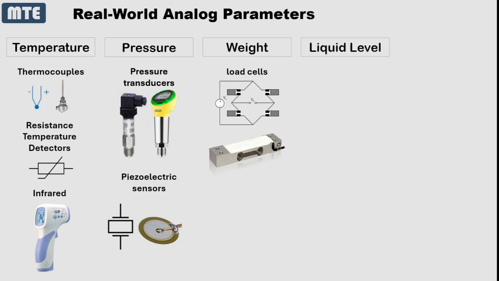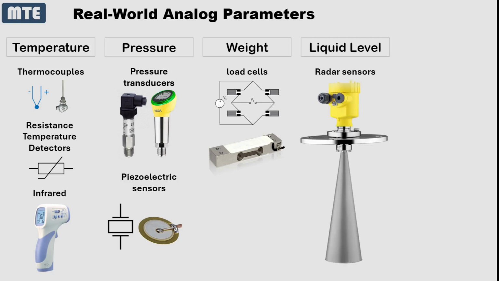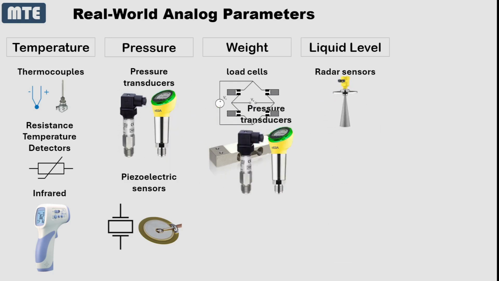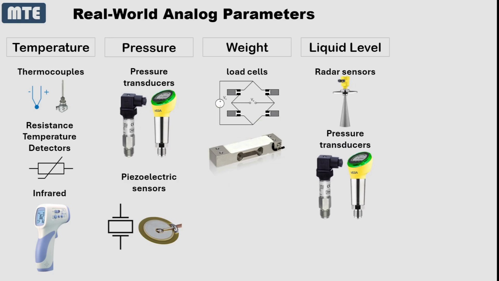Liquid levels can be measured using radar sensors, pressure sensors, or ultrasonic sensors. Radar sensors send radio waves and calculate the time it takes for the waves to return after reflecting off the liquid surface. Pressure sensors measure the hydrostatic pressure exerted by the liquid to determine its depth.